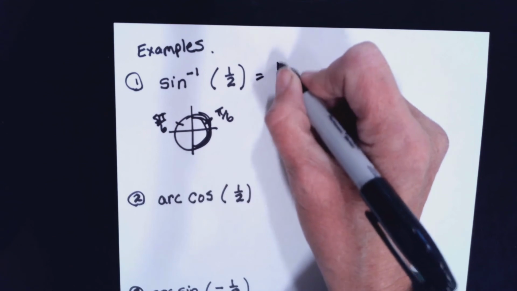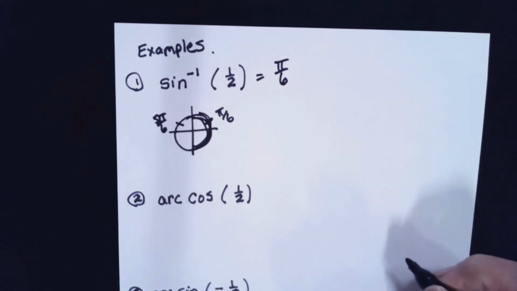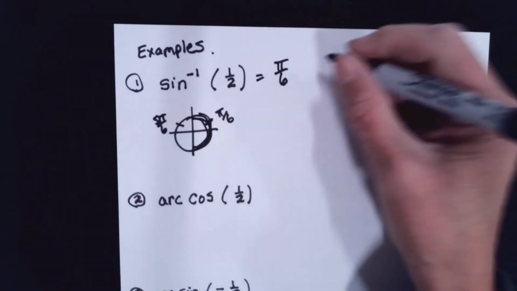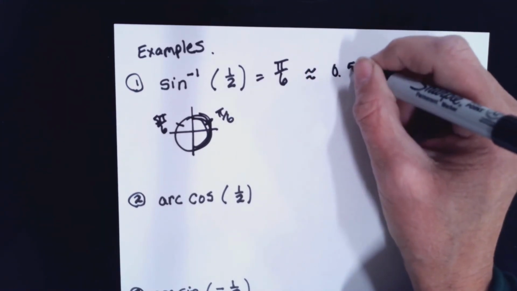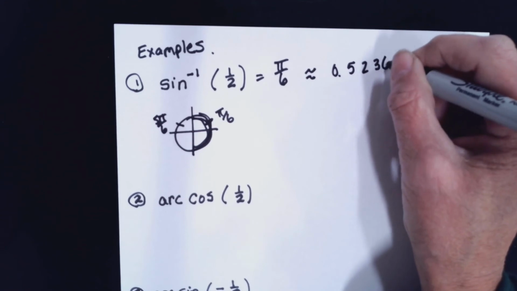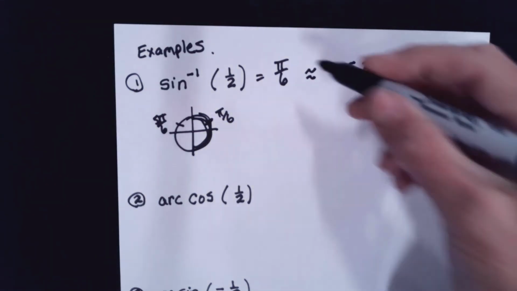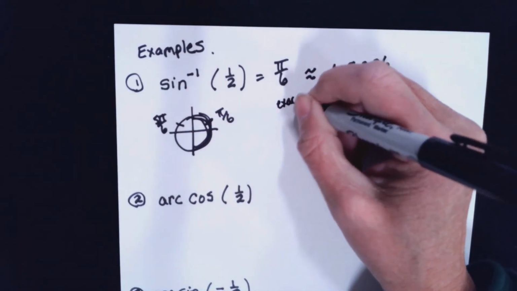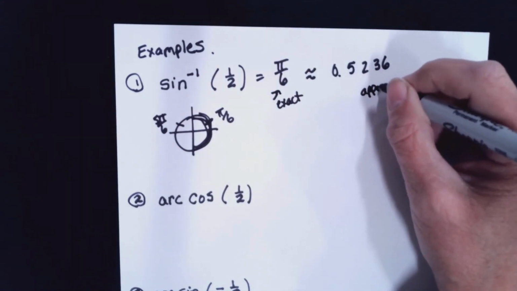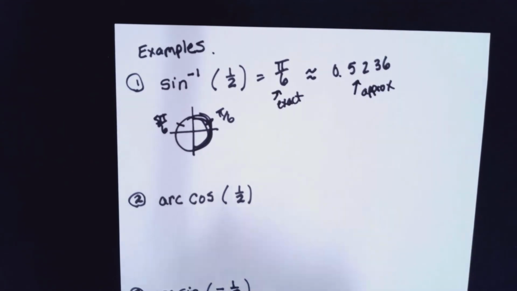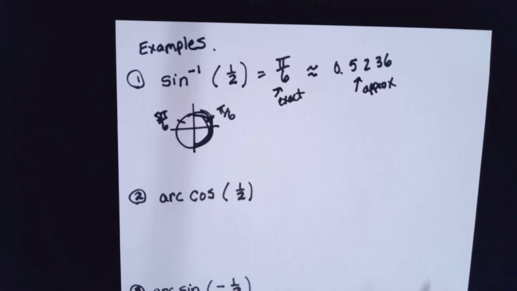So this would be pi over 6. Or approximately 0.5236 if we took it to a decimal. But we're going to keep this exact. And this is an approximate. Not a bad value, just an approximate. We had to round it.